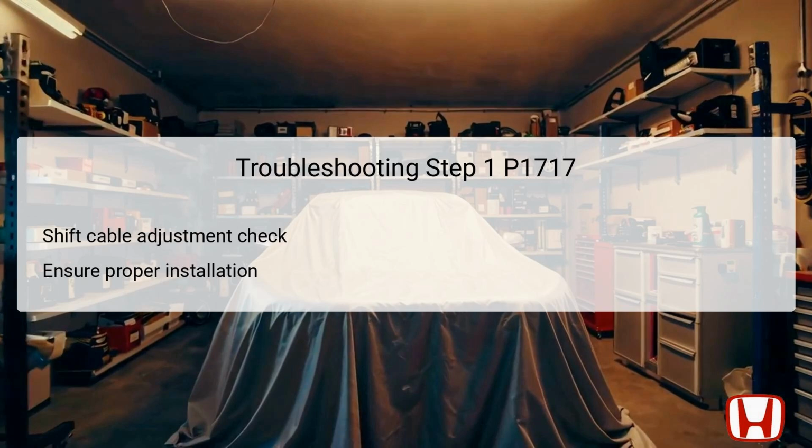Verify that the cable is securely fastened and that there are no obstructions preventing it from moving freely. A visual inspection should reveal if the cable is correctly installed. Any abnormalities, such as loose connections or an incorrectly seated cable, can cause the TCM to receive false signals, leading to the activation of DTC P1717.